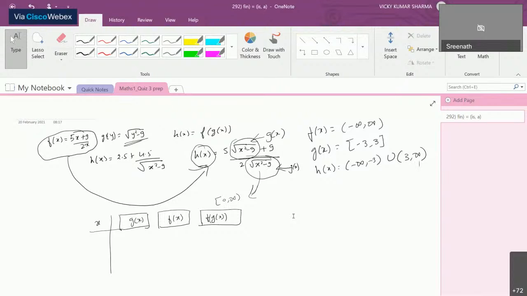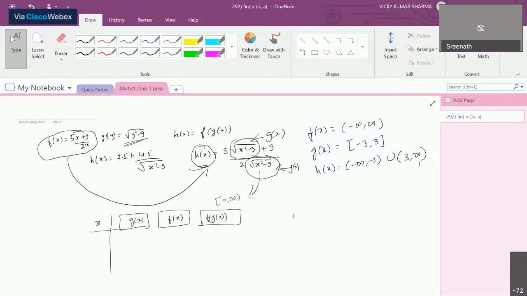Yeah. So can we see this h of x as a function where the denominator cannot take the value 0? That is, under root x square minus 9 cannot be 0. Correct. So g of 3, when we equate, is equal to 0.